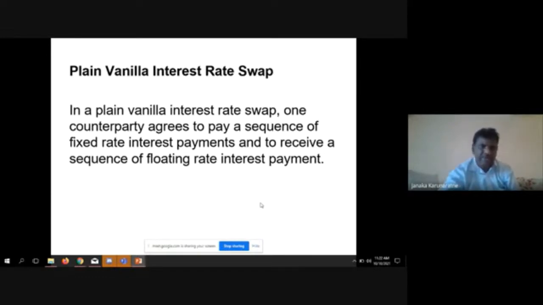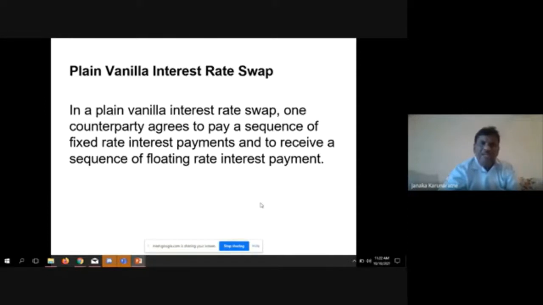So in such a scenario, you can easily use a plain vanilla interest rate swap. There may be another party in the market with a different risk scenario than yours. What you receive is a floating rate, and what you pay is a fixed rate. So your cash flow pattern is that you receive floating rate cash flows and pay fixed rate cash flows.